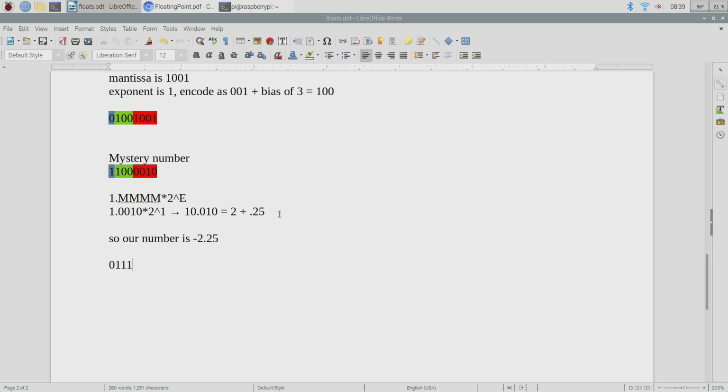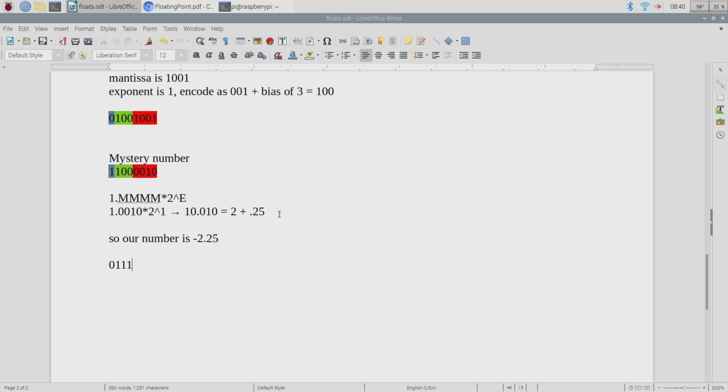Okay, why did we do 7 minus 3? Okay, so why are we subtracting 3 here? What's our exponent bias? 3, okay? So if I write down the biggest number I can think of that I can encode with 3 bits, that's 111, 7, okay? So it looks like 7, but it really counts as 4, okay?